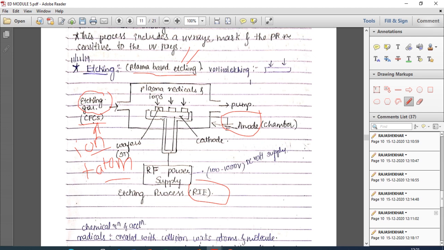Now this is a cathode, a T-shaped cathode tube, which provides negativity to the wafers. These are the wafers shown here, placed on the cathode tube. These wafers are already processed with oxidation and photolithography.